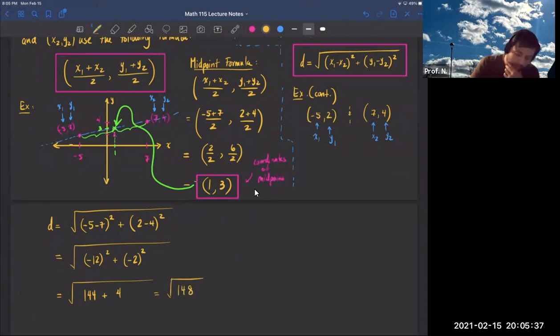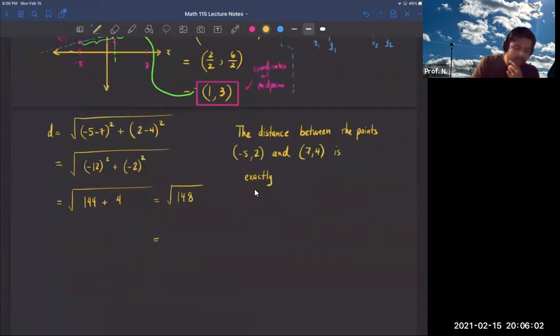So the distance between the points -5, 2 and 7, 4 is exactly, now I think we can break this down a bit further. 148, I think I could divide 148 by 4, and if that's possible, then I can break this down.